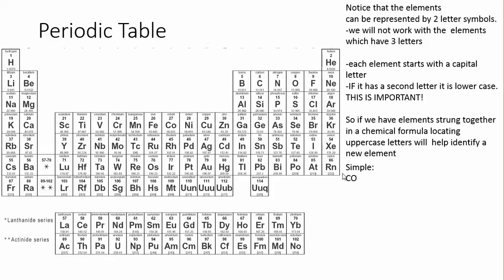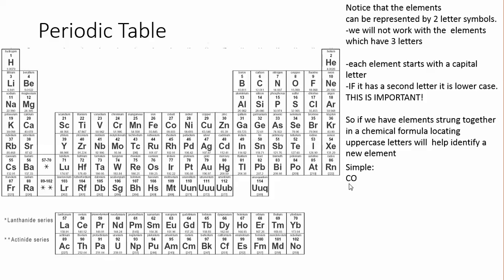All right, so let's try a simple one. This is the chemical formula for carbon monoxide. Capital C, capital O, remember the toxic gas we discussed in class. You can see on the periodic table that there is nothing here that matches this. If you look, cobalt is capital C, lowercase o.